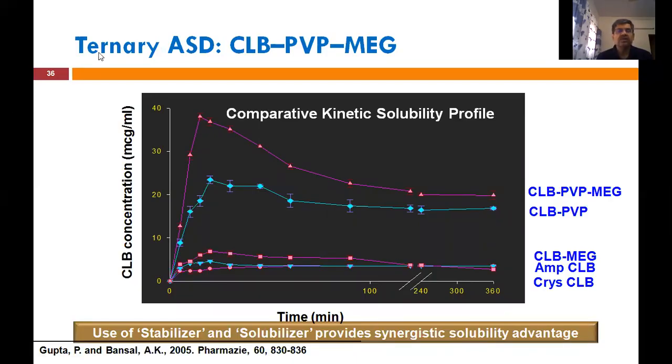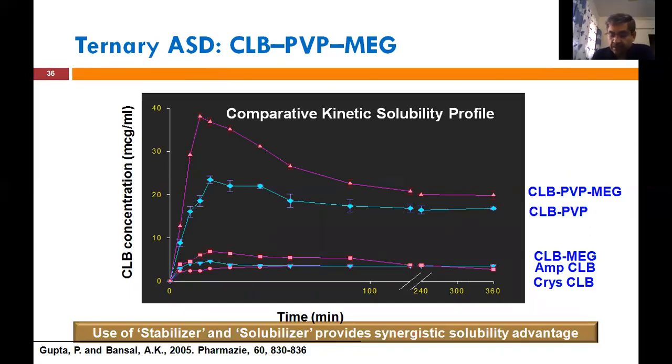We then included another third ingredient in the amorphous solid dispersion, which means in the PVP and celecoxib system, we included meglumine. Meglumine is an amino sugar which also has the property of creating a basic or alkaline microenvironment.